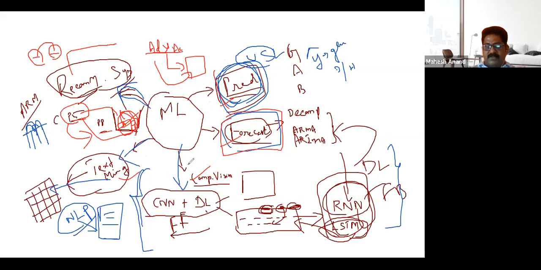Naturally, it is possible to specialize in all these areas over a period of time, right? My recommendation is don't touch all at one time. Move on one by one. That is the best way to master all these application areas. In my last video, I was talking about the differences between data scientist versus big data architect.